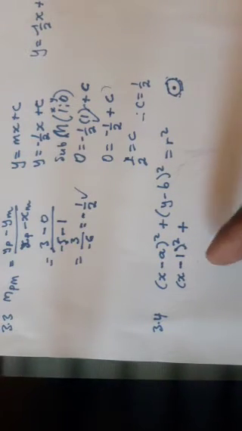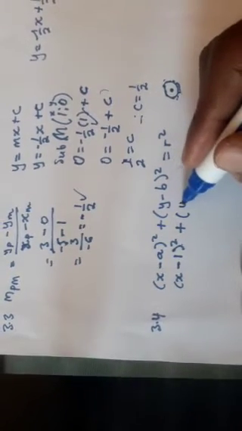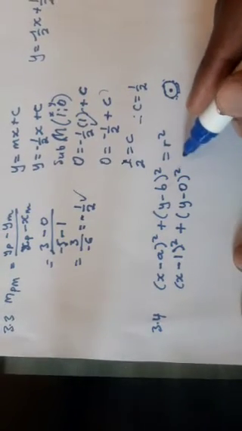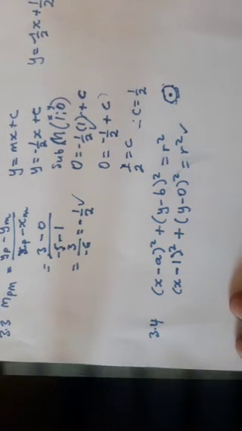If negative, it will be negative, so we use brackets. Then y minus 0, all squared, equals r squared. This is the first part, substituting the center. Now we must go and get the radius.